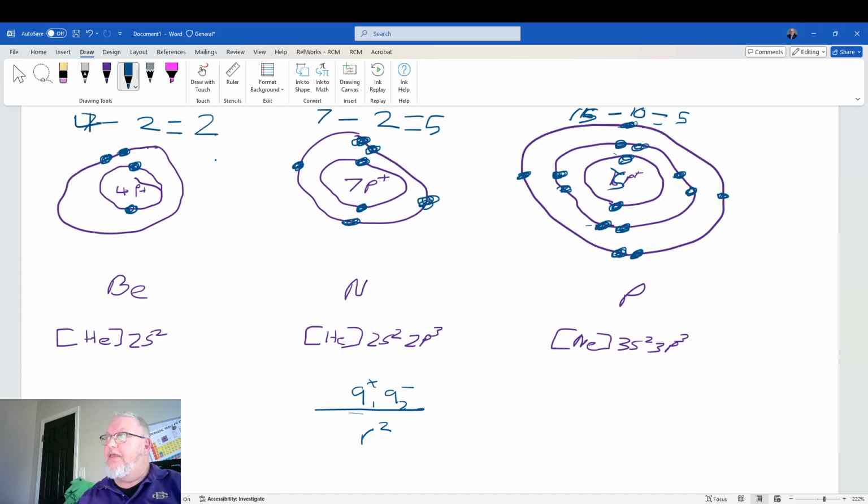Okay. Now, as you go down the column, electronegativity decreases, right? Because you're adding that other layer, which again is decreasing that positive influence of the nucleus, right? The protons in the nucleus.